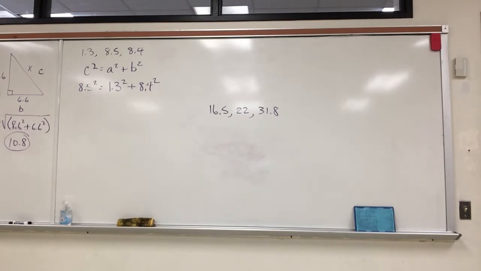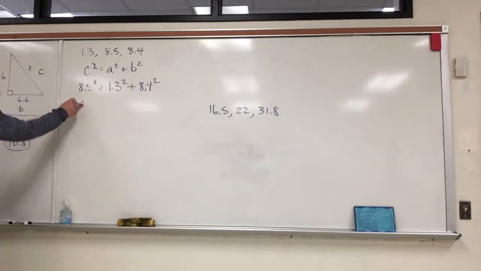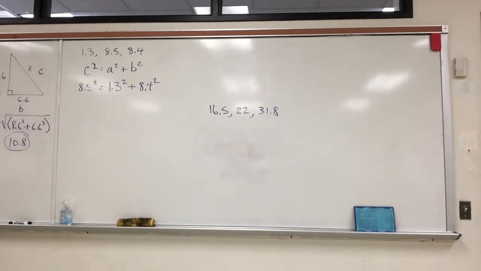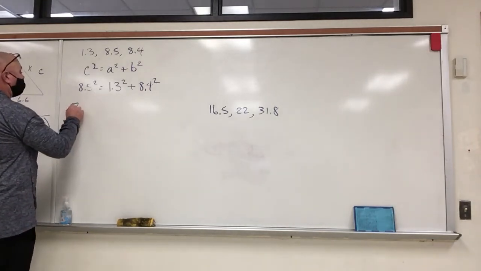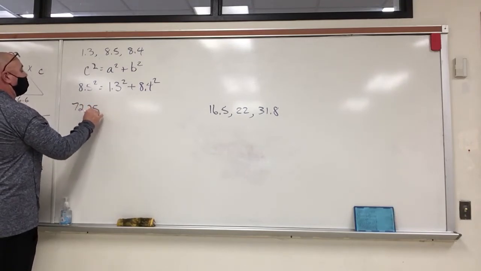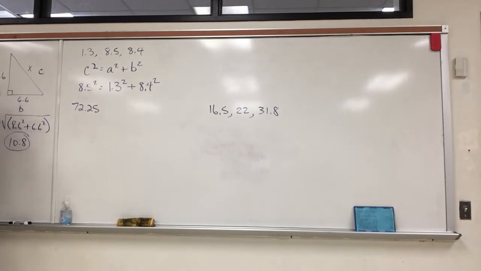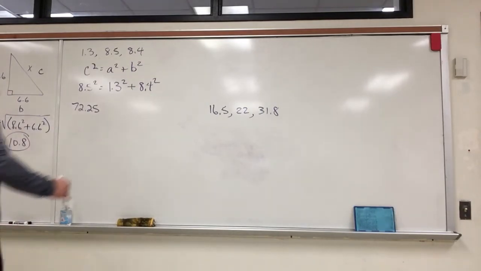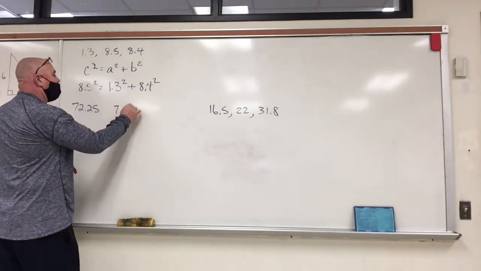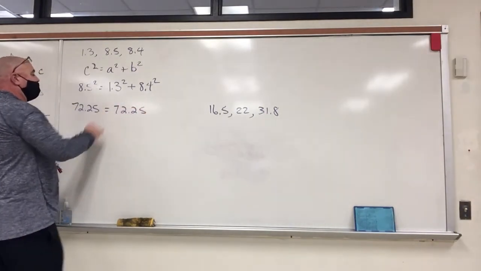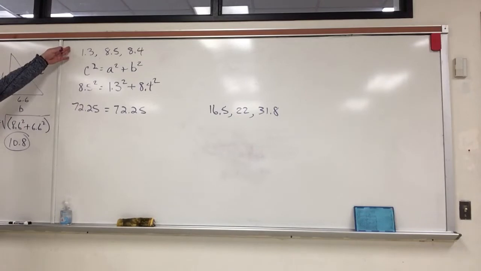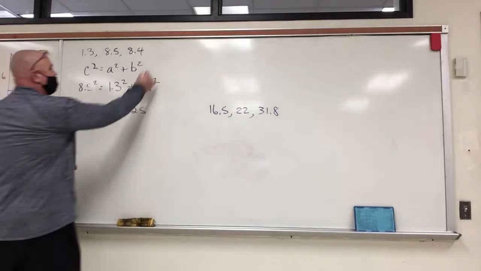So, what's 8.5 squared? 72.25. All right. What's 1.3 squared plus 8.4 squared? 72.25. Were those equal to each other? Yes, they were. So do these represent a right triangle? Yes, they do.